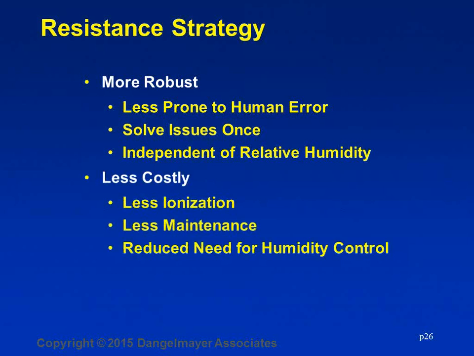Therefore, you could eliminate the need for ionization in some cases. There's less maintenance. For instance, the ionizers require regular testing and cleaning and so on. And implemented effectively with robust compliance verification, humidity controls can be greatly reduced, if not eliminated.